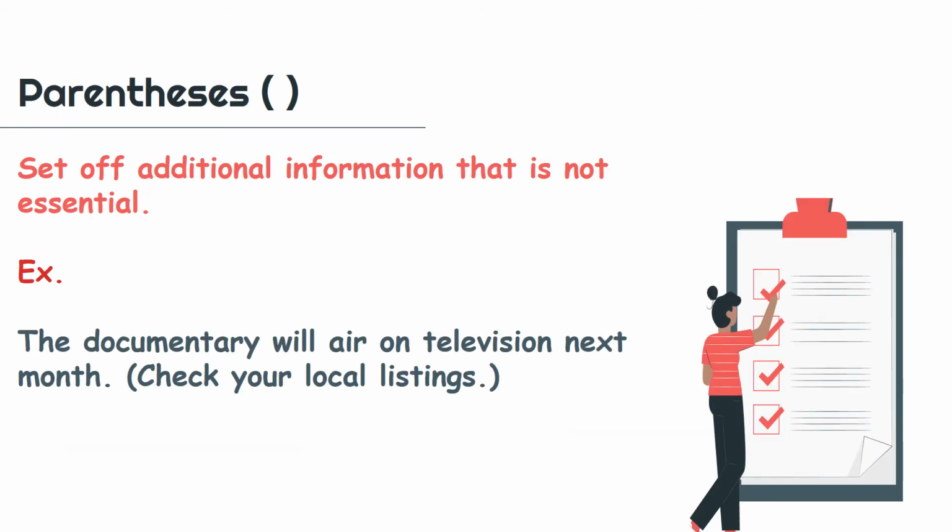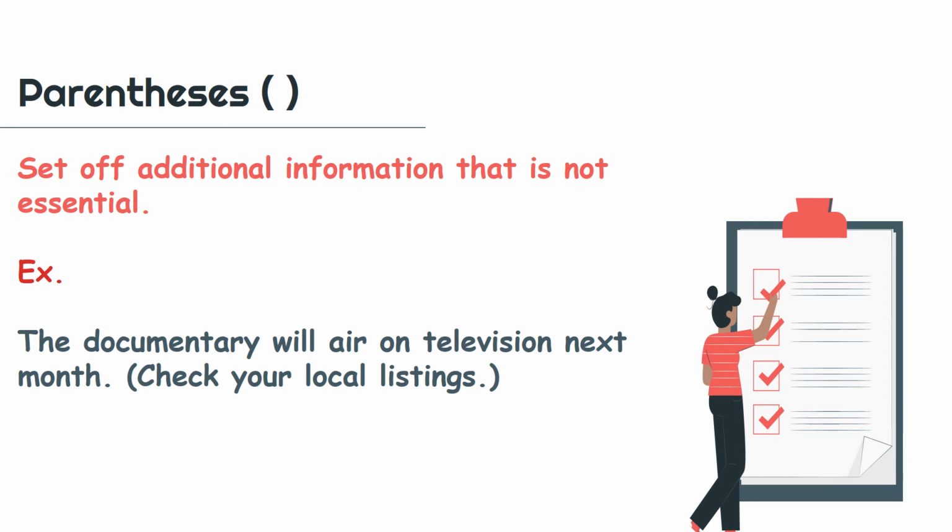Parentheses. Parentheses set off additional information that is not essential. Just like the dash, since we put the dashes when there is an interruption in the sentence, we put the two dashes. In the parentheses, it's kind of the same.